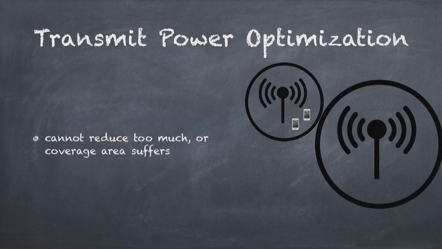If that action is taken, then you can get a situation like this that is maybe more optimal. Of course, you can't reduce too much because, like I said, if these base stations reduce their coverage or their transmit power too much, then you'll have coverage holes which lead to dropped calls.